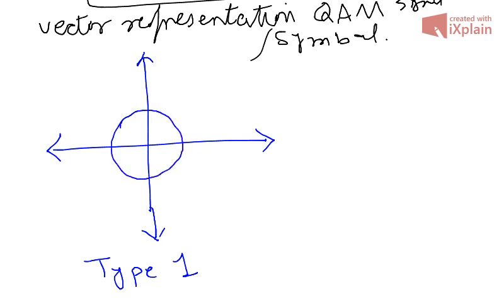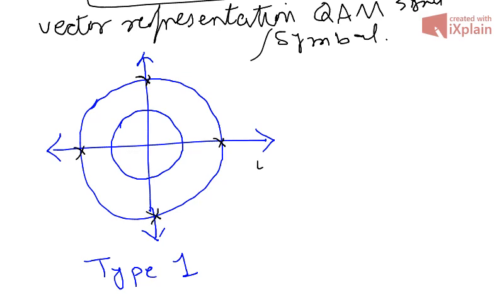It was discovered that we can arrange our signal in 2 circles, where you have QAM signals here.